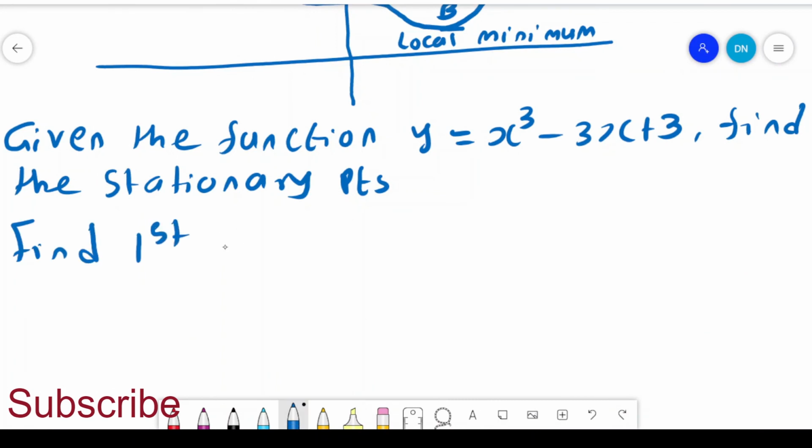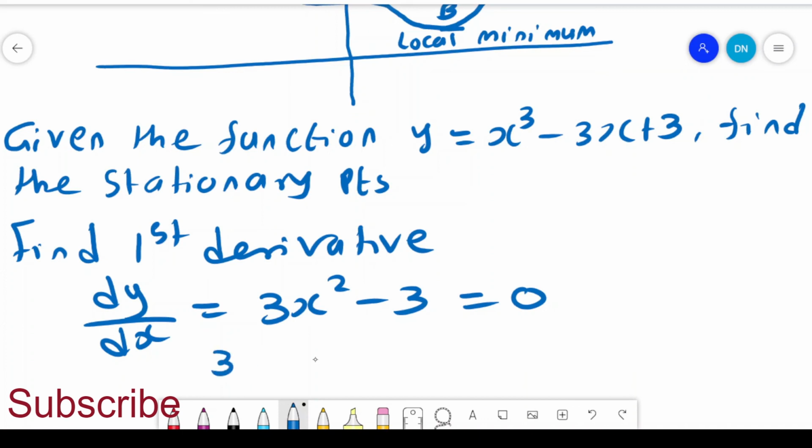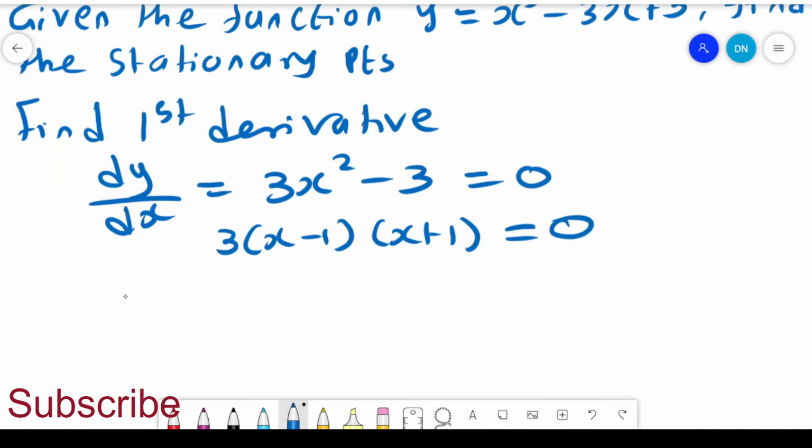So one, find the first derivative, which basically means that dy dx is equal to 3x squared minus 3. We are going to equate that to 0 to solve for it. This gives me the equation 3 times x minus 1 times x plus 1 equals 0, which means that x is equal to 1 or x is equal to negative 1.